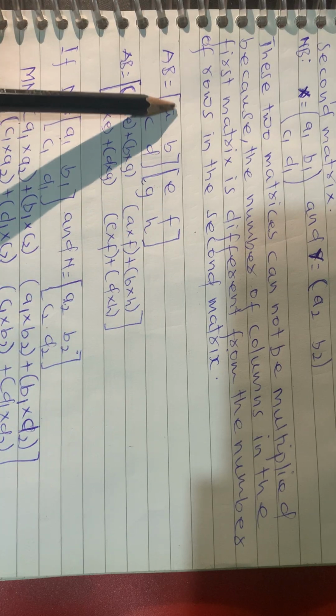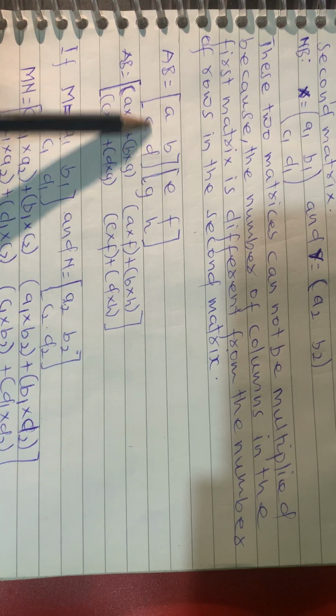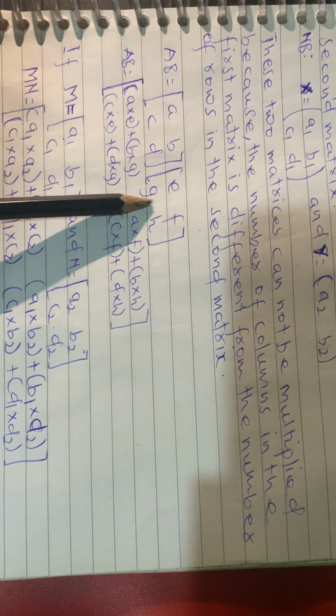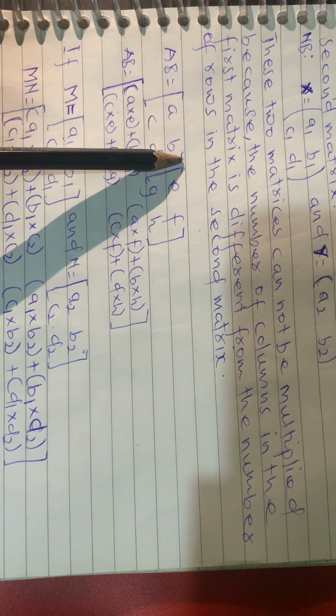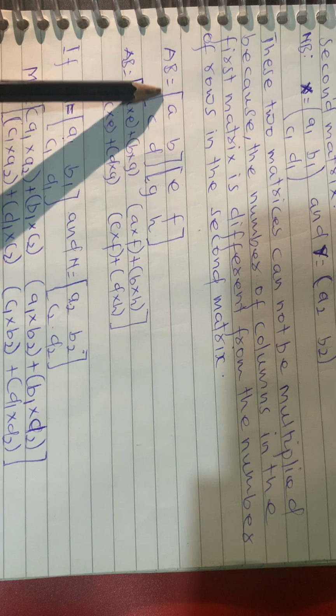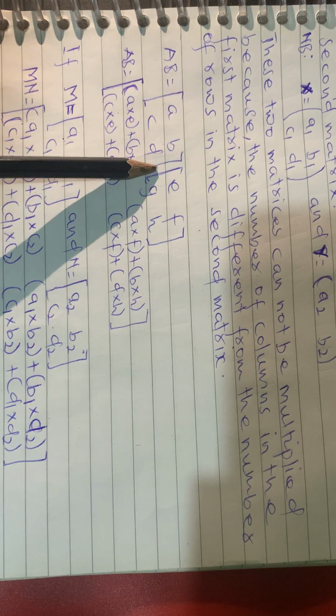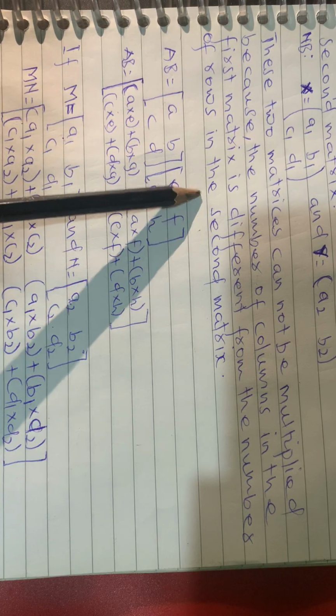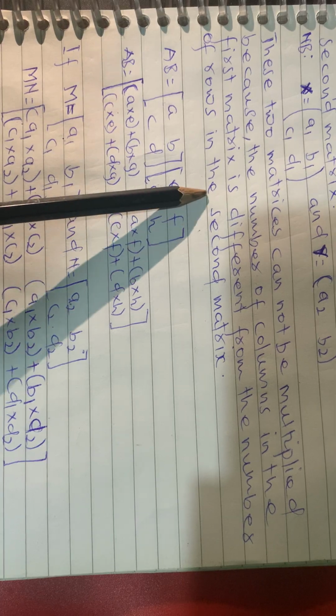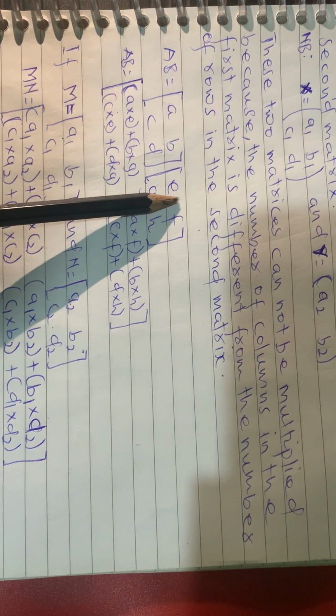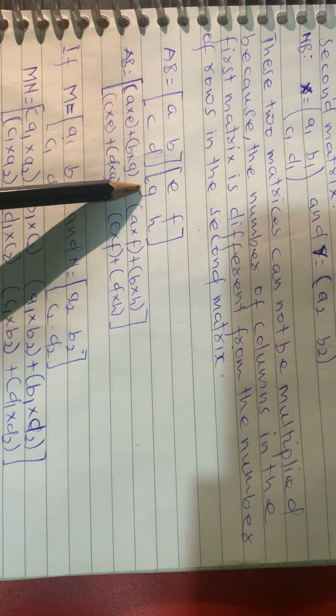You use all the elements in the rows of the first matrix, the first row, second row, to multiply the elements in the columns of the second matrix.